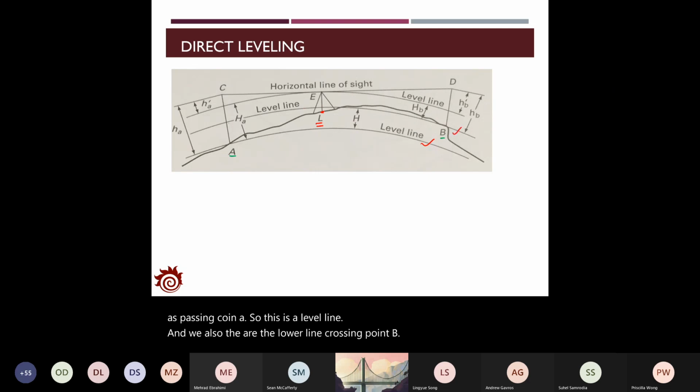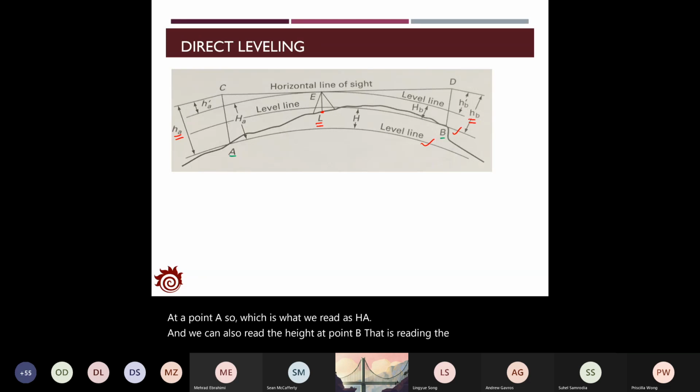And then from the measurements, from the direct leveling methods, we can use the transit level to read the value or the height at point A, which is what we read as HA. And we can also read the height at point B, that is the reading HB.